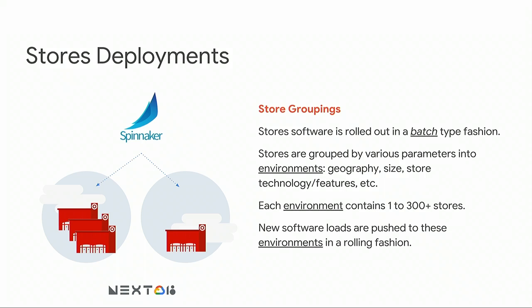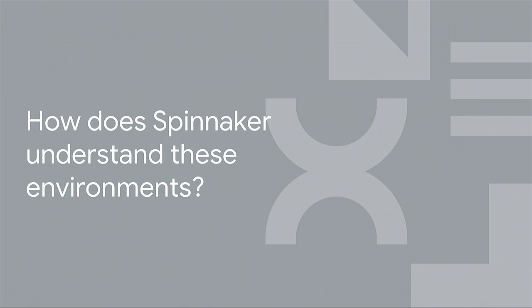So if I push to an environment that has 50 stores in it, all 50 stores are going to get that same software load and be running it. If I'm going to roll that back, all 50 of those stores roll back that software. So how does Spinnaker understand this kind of weird grouping thing that we're doing with all these stores?